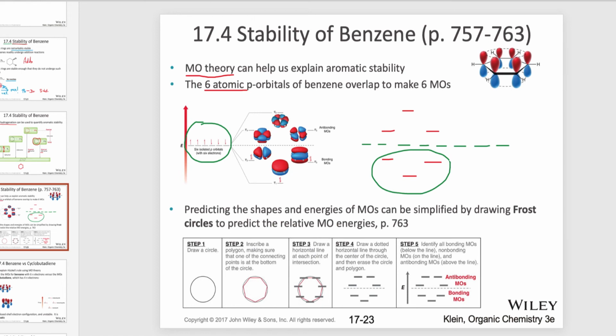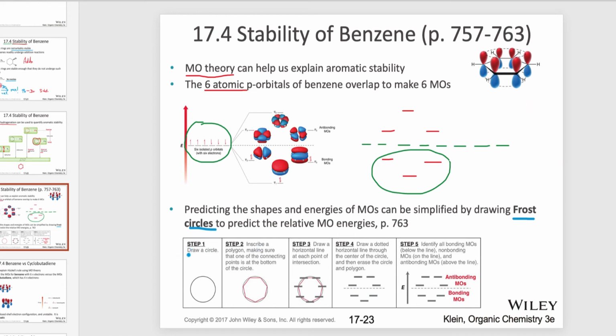The other thing I'd like to point out and give you a little step ahead is that we can actually predict the levels of these molecular orbitals. And there's a very nice mnemonic, a tool to remember where to place the levels. This is very different from our polyenes. We now deal with cyclic structures. And the shape of the molecule plays an important role here.